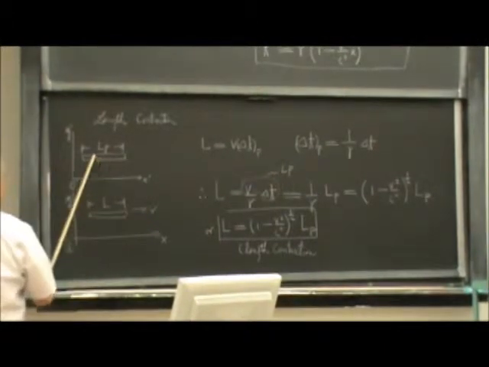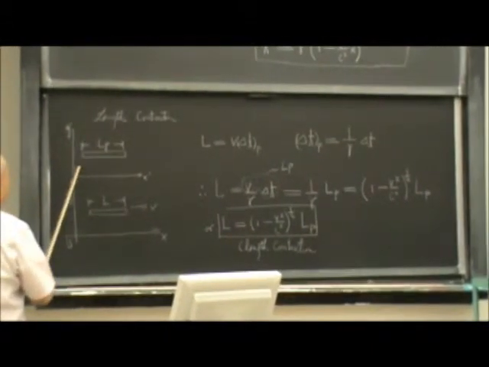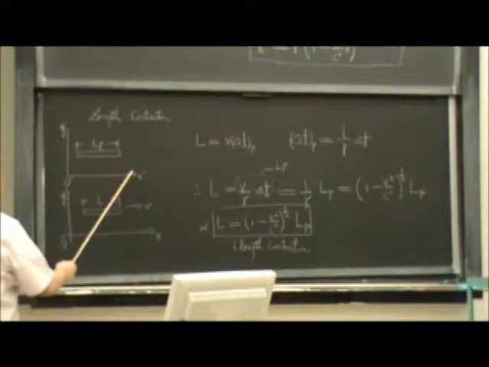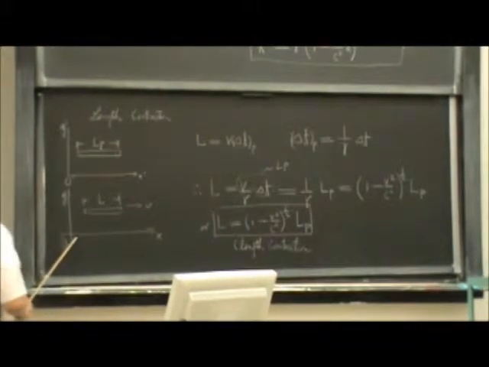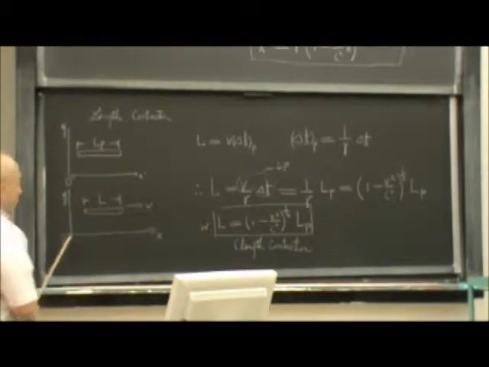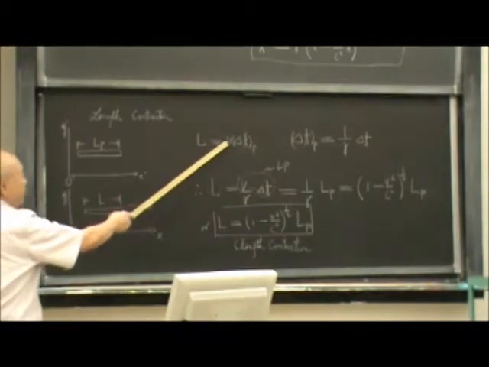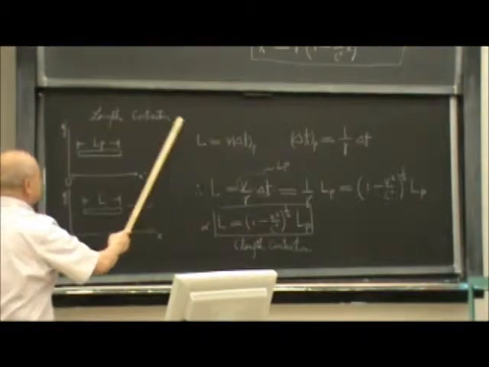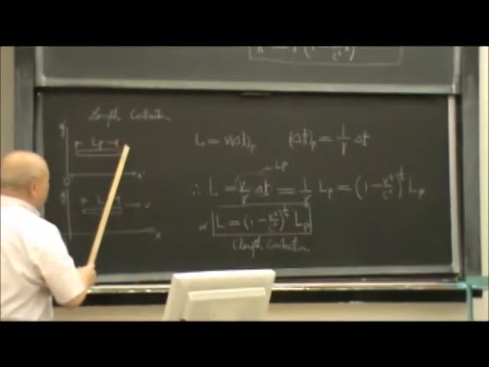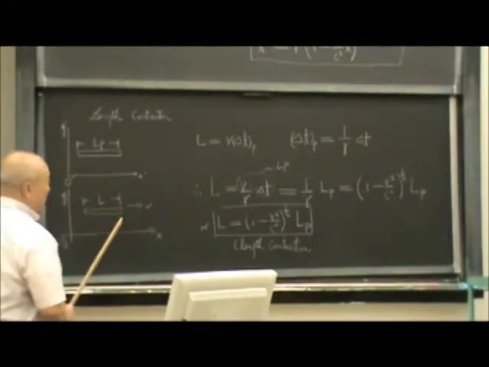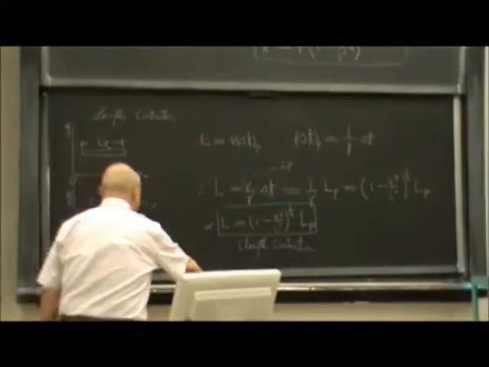So this is L_P, moving with the velocity v. This one is in the reference system that is not moving. So in this way, L is equal to v times delta T_P.